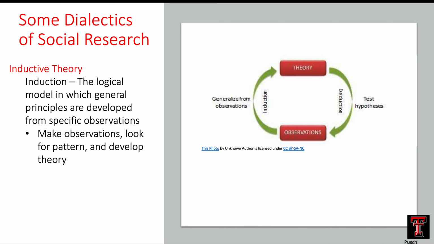This is where you are going into your research project without a really concrete idea of what you're going to find. So you're not starting out with a theory, you're making your observations, and when you are looking at your data, you're generalizing from these observations and then building a theory out of that.